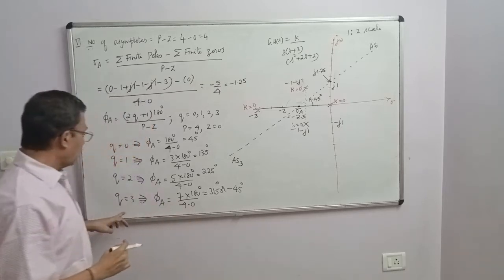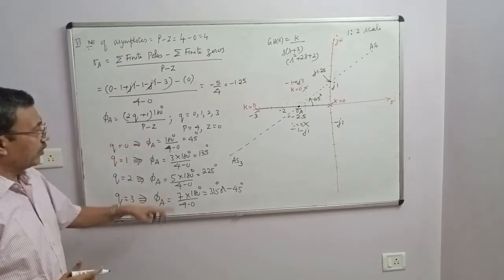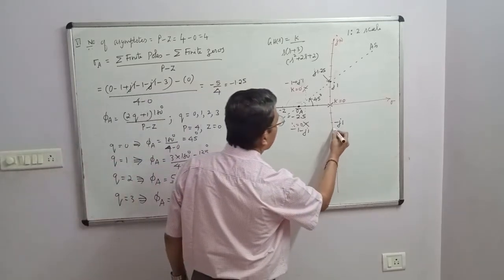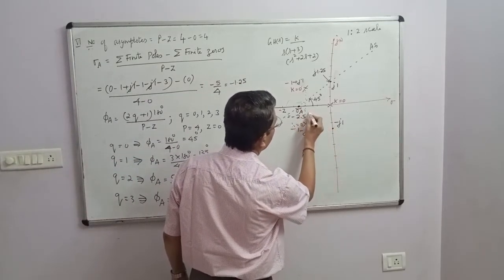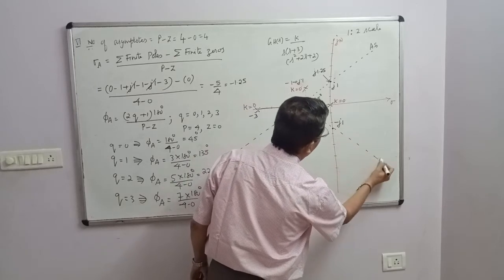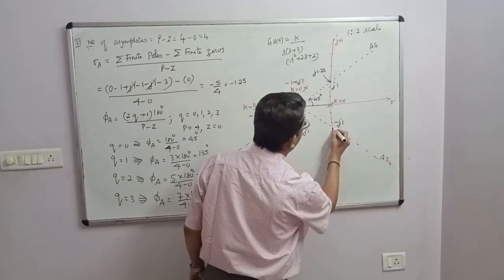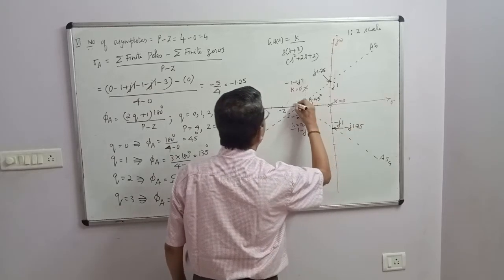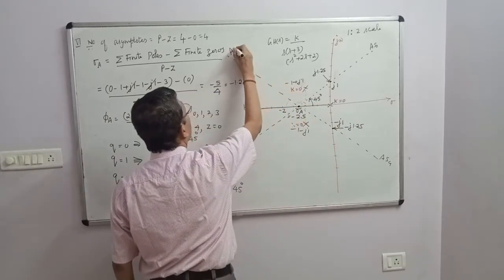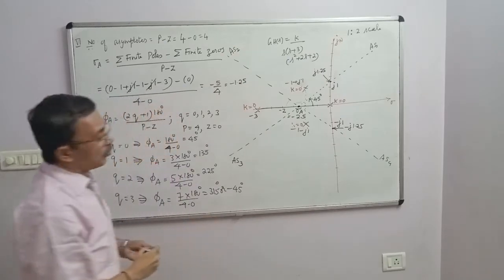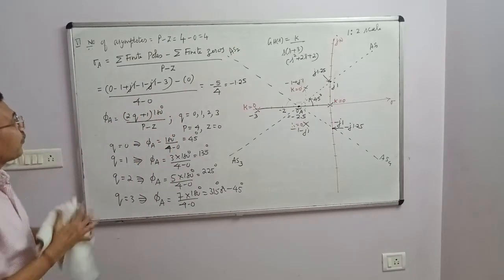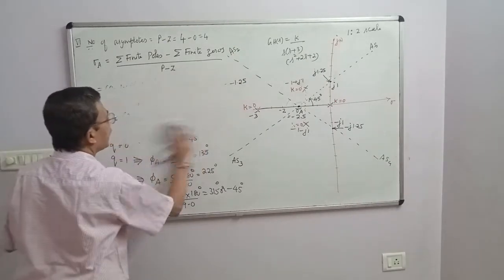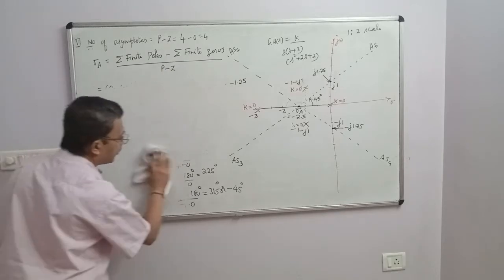Next, I will draw asymptote number 4. It makes an angle of minus 45 degrees. This is asymptote number 4. It is crossing at minus j1.25. If you produce this backwards, you get asymptote number 2. The asymptote angles I will show separately here for your understanding.